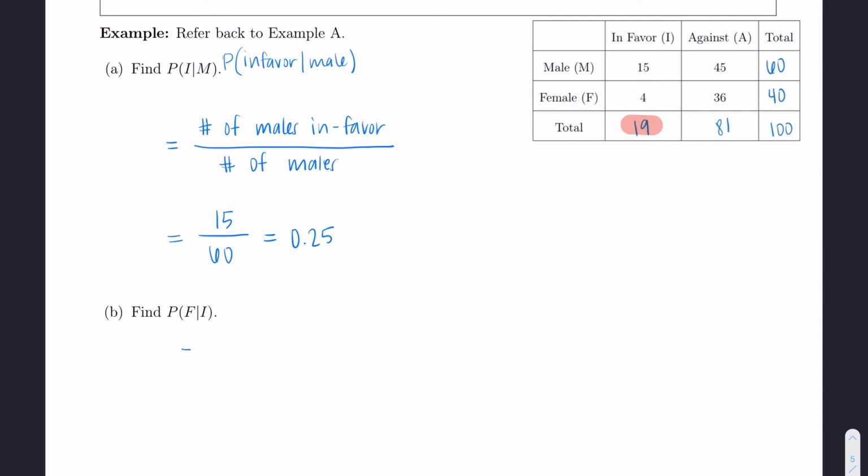And so if I write this out in words, this is going to be the number of females that are in favor divided by the number of in favor. And so I already know my denominator is 19.